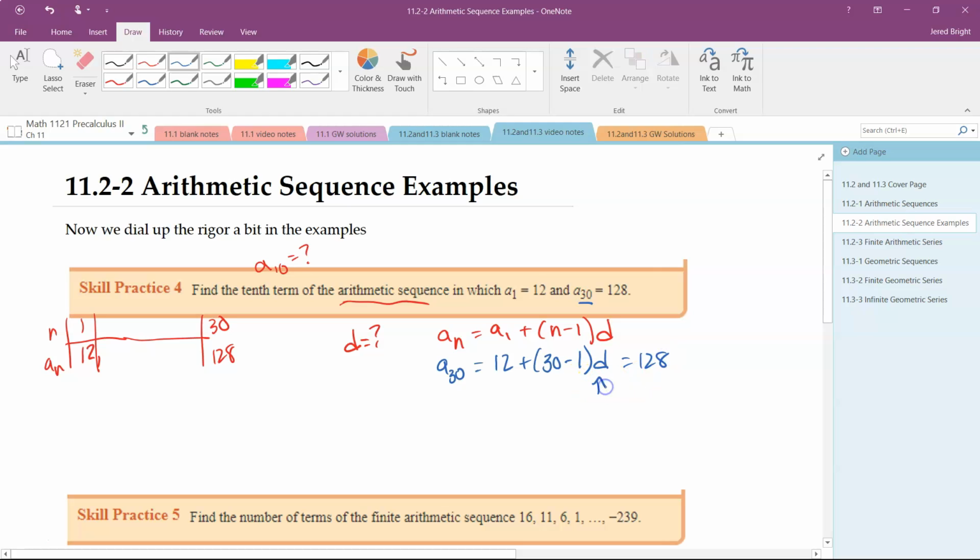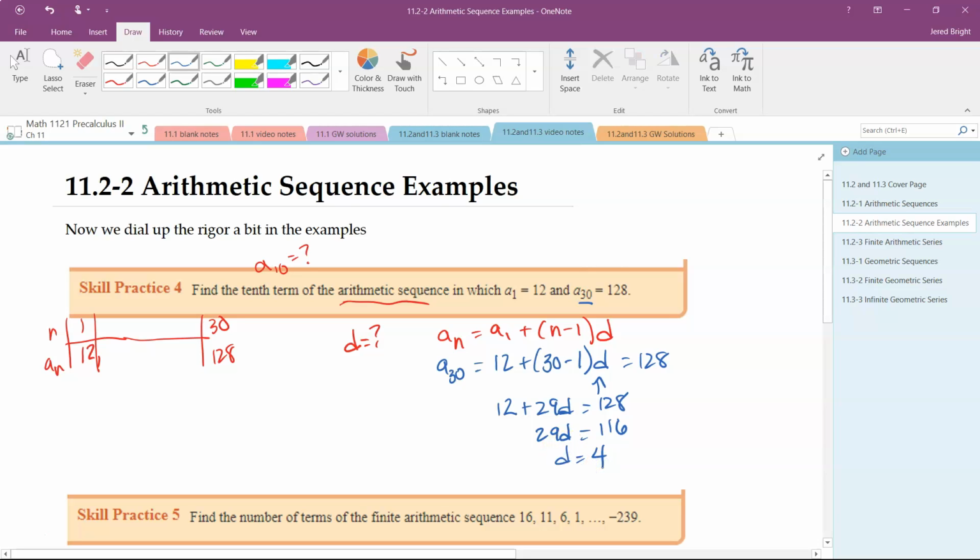With this, now I can find d. So I have 12 plus 29d is equal to 128. Then I can isolate d. Minus 12 is 116, and if I divide by 29, I just get 4.